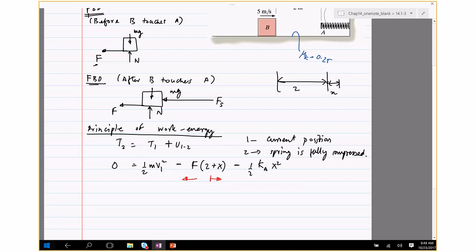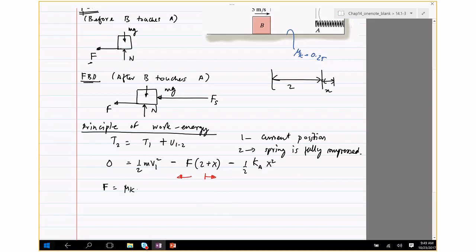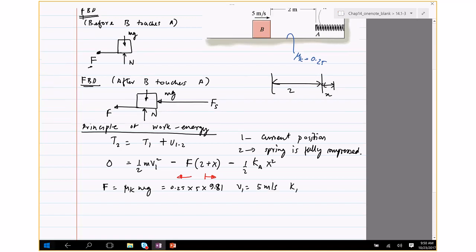F is mu k mg. It's 0.25 times 5 times 9.81. V1 is 5 meters per second. k is 200.